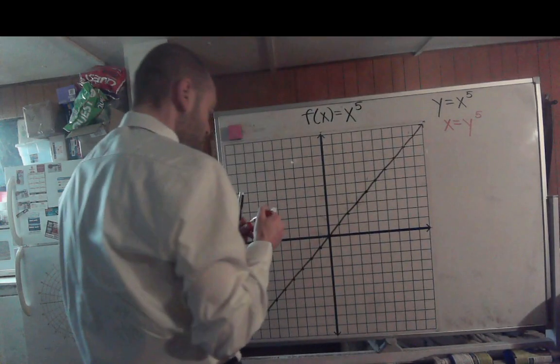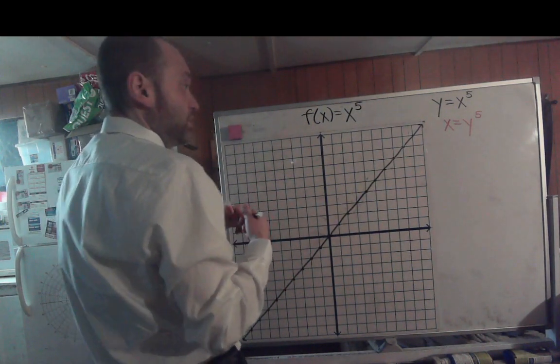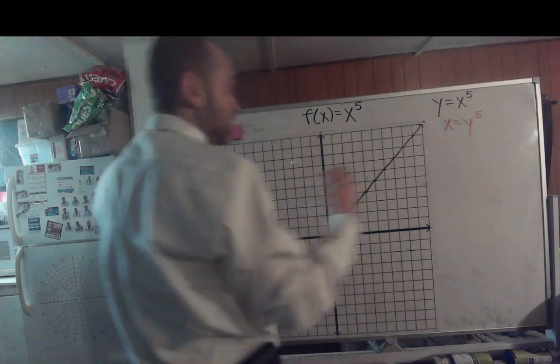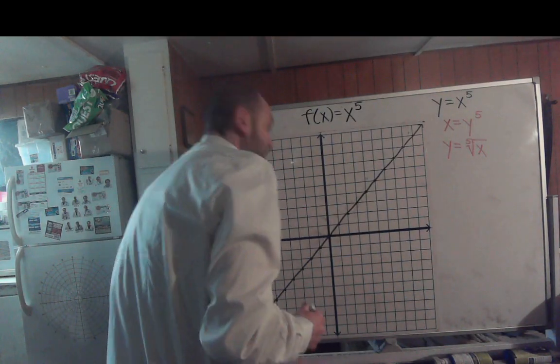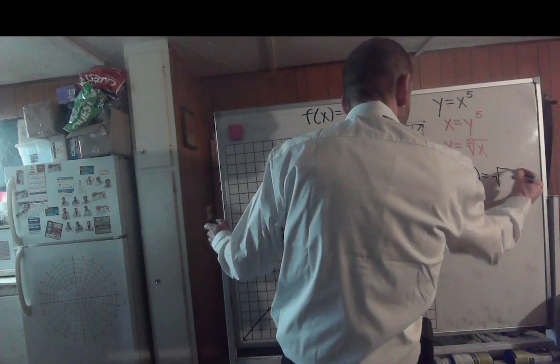You would get x equals y to the 5th, which would then give you that y would equal the 5th root of x. So that means the inverse function, f inverse of x, would be equal to the 5th root of x.